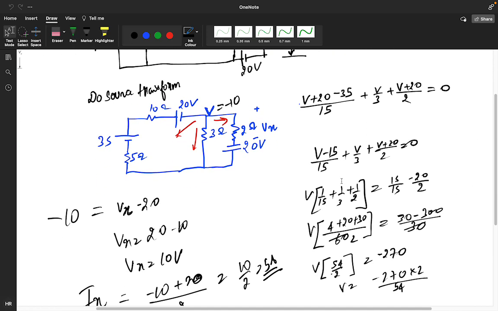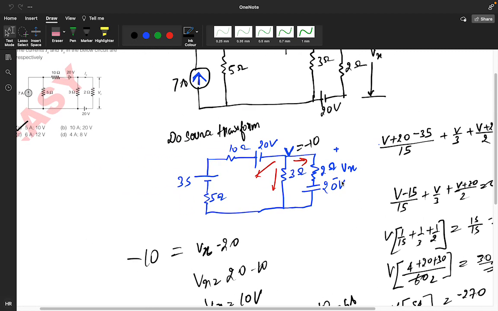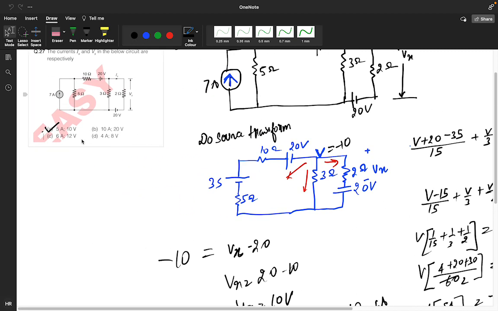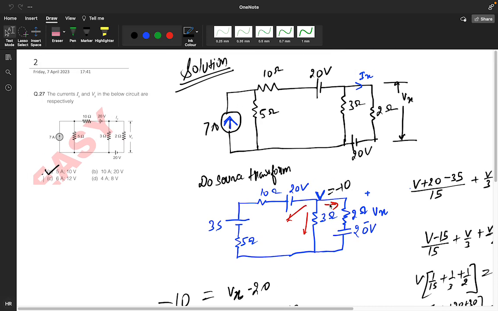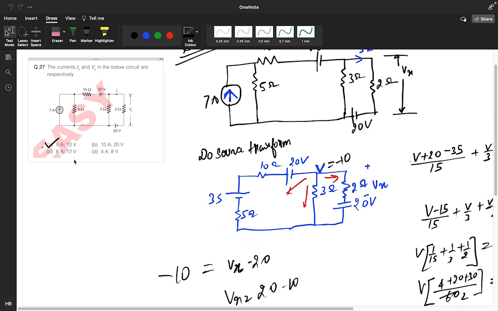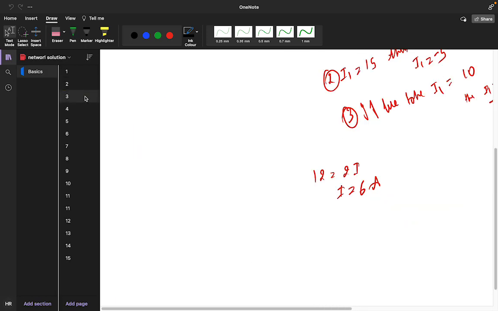I did the nodal analysis and I got Vx as 10 volt. And you know the node V is minus 10, so minus 10 plus 20 divided by 2, you will get the current as 5 ampere. So this was the 27th question.